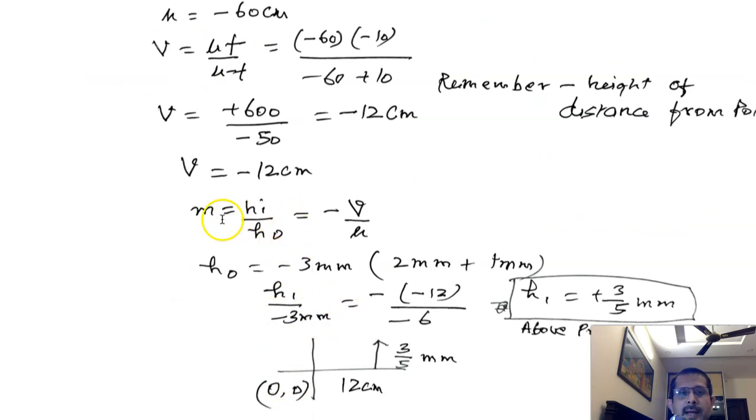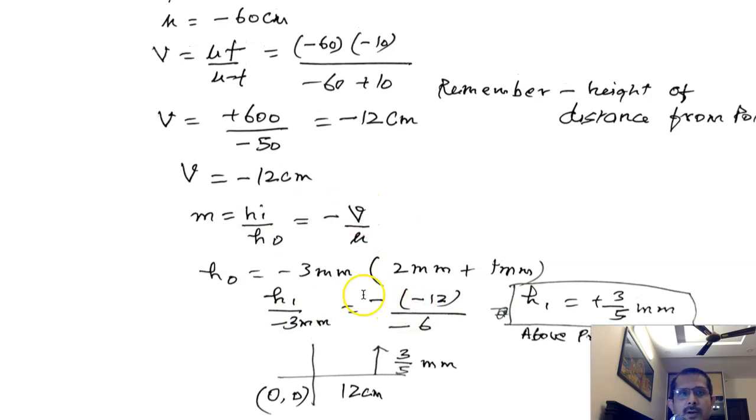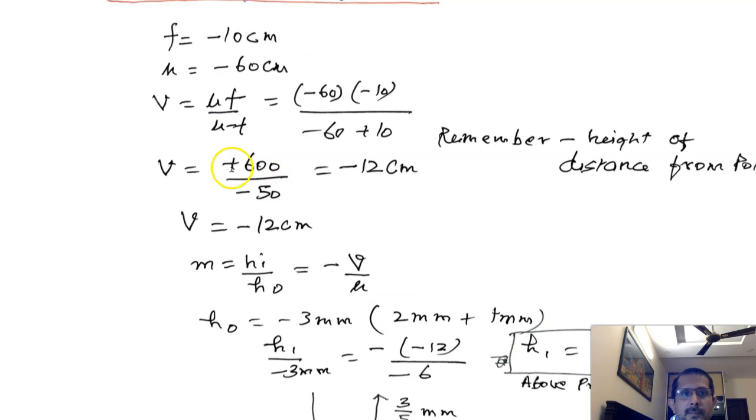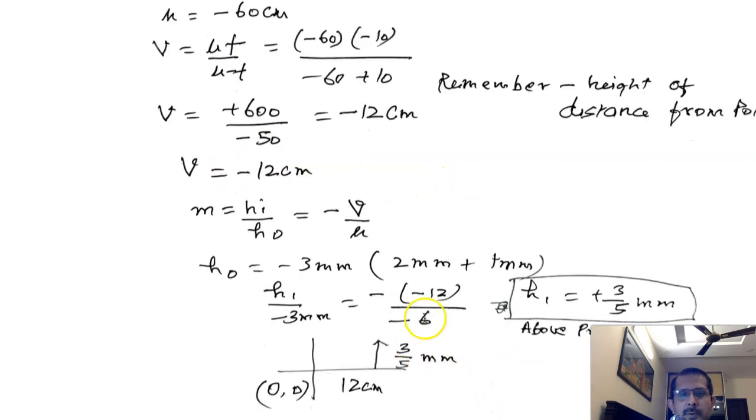So we have to put m is equal to hi by ho is minus v by u. Ho is minus 3 mm. Now using this formula, hi by minus 3 mm is minus v by u. What is v? We know v is minus 12. Just put it here.